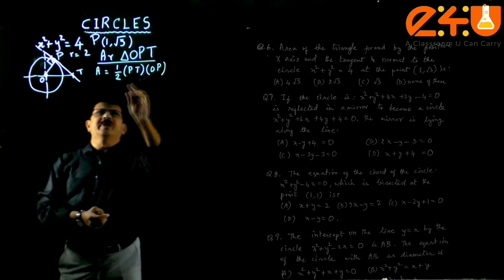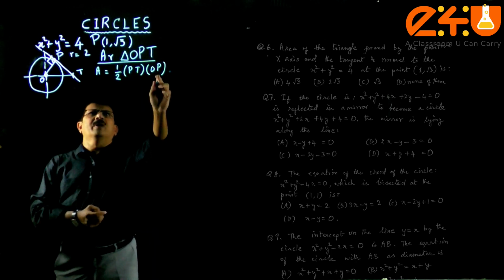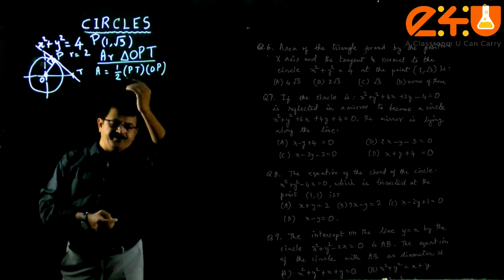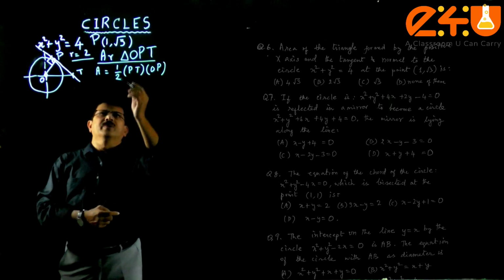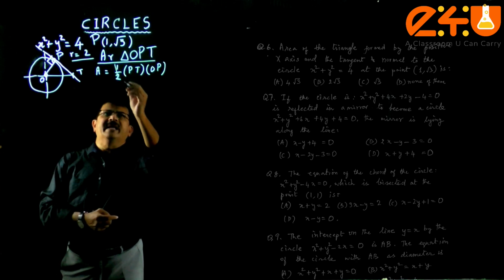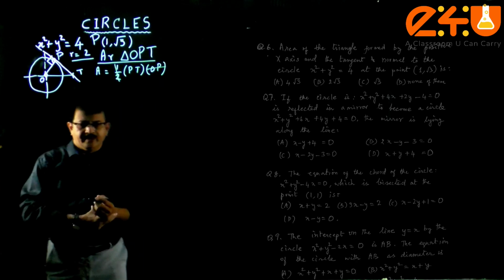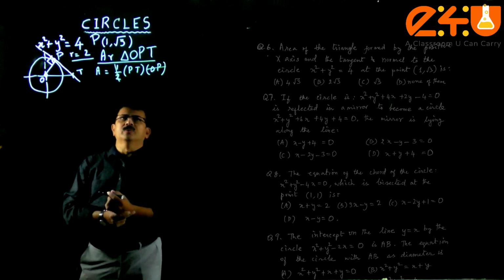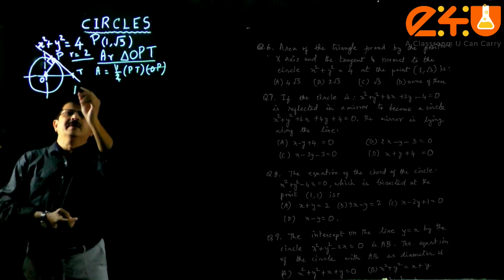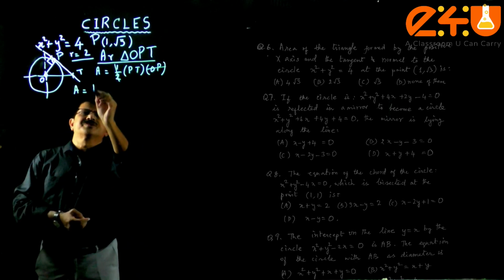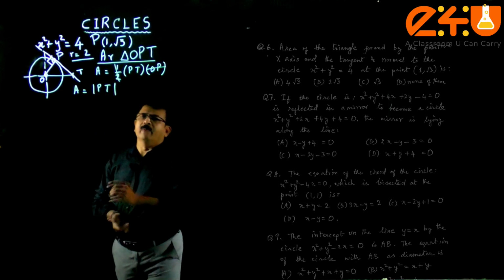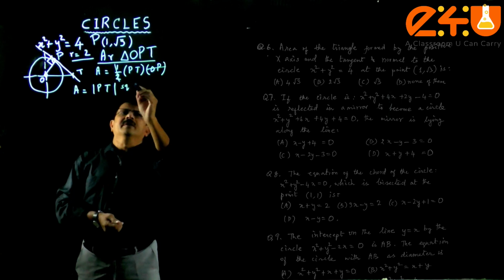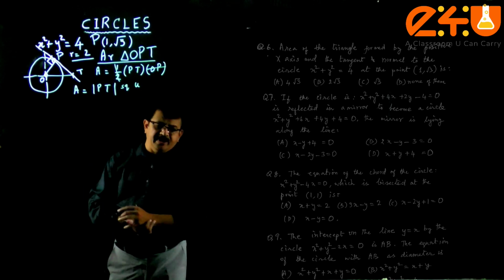We know very well the length OP because it is nothing but radius, and radius is 2. So I can simply cancel off the radius 2 and half. So the length PT itself gives you the area in square units.